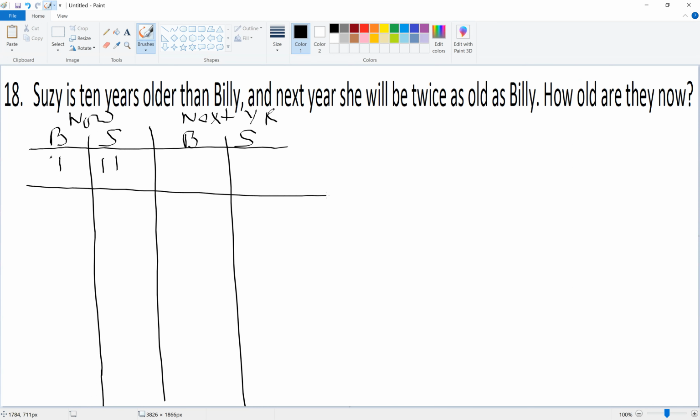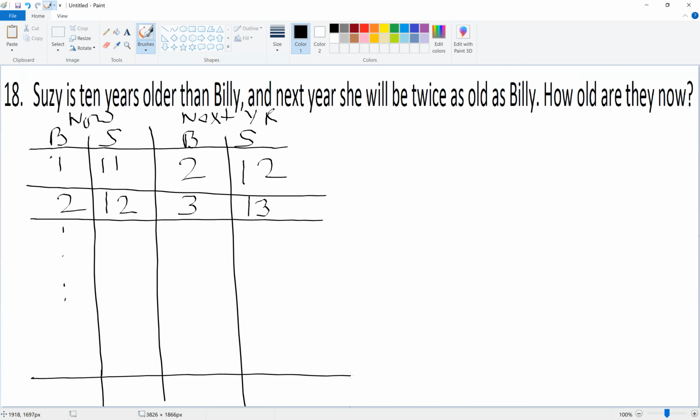Okay, yeah. So this would be 2 and 12. And then Billy would be 3 and 13. So they can continue.